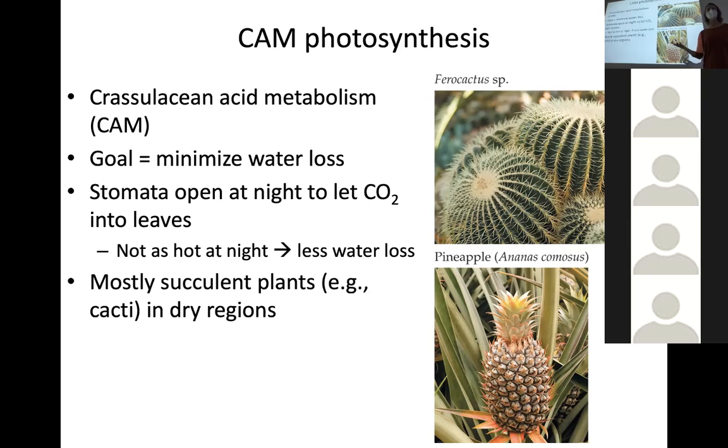So it's just what they do, without getting into too much detail. Yep, so open at night, close during the day. That's actually pretty straightforward. They lose less water that way. I think they might use the other enzyme. I can't remember now. I have it on the old slides.